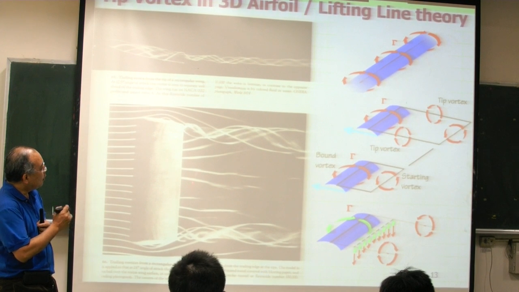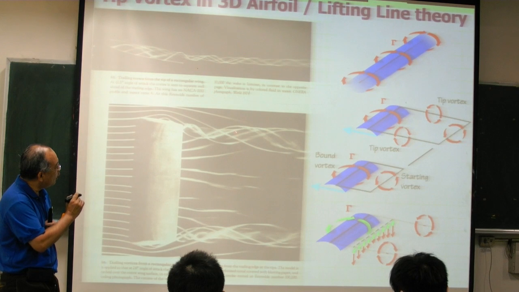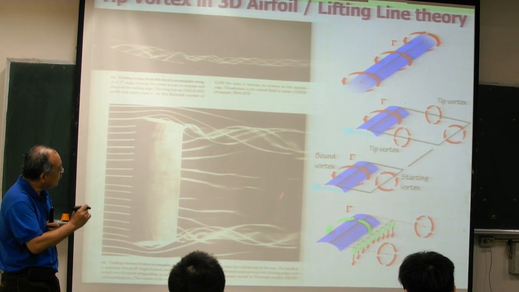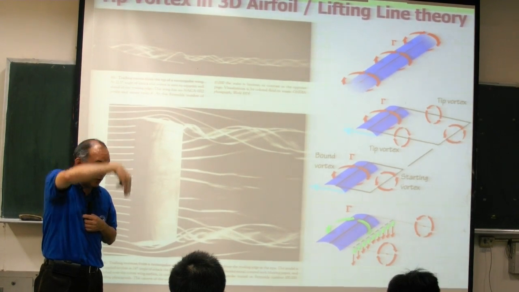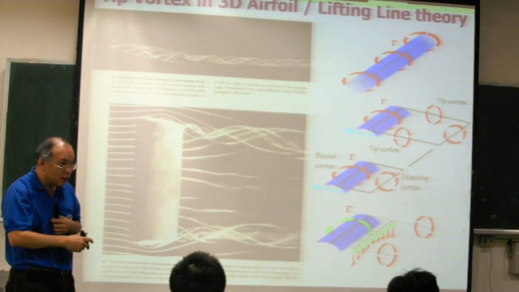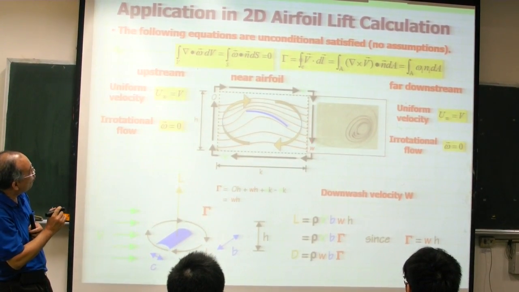And the flow behind this airfoil, as you can see, will rotate like this and rotate like this. So inside this area, all the flow has downwash, right? Downward. We call this downwash.